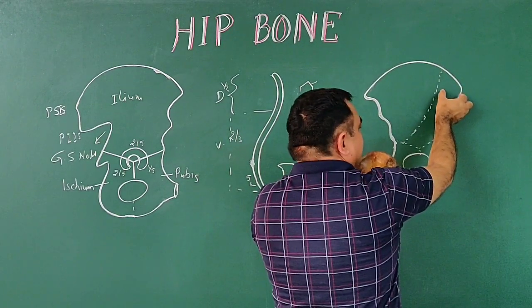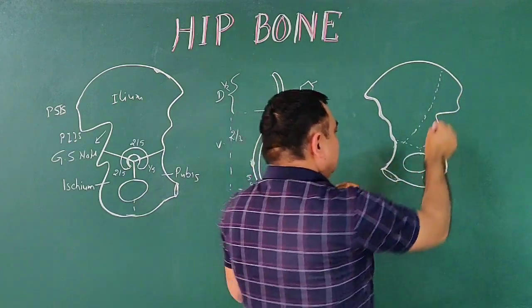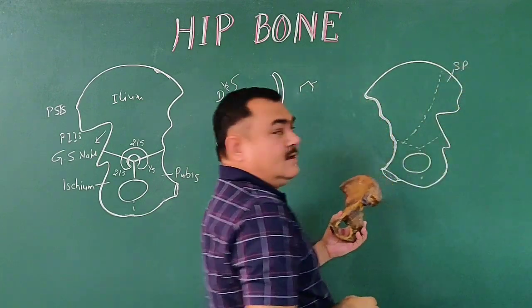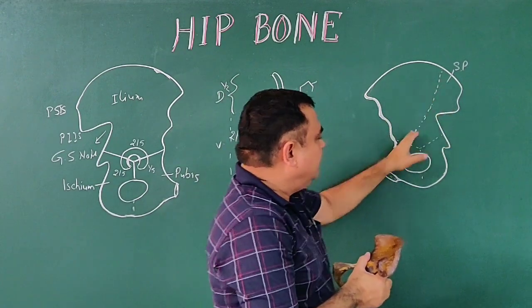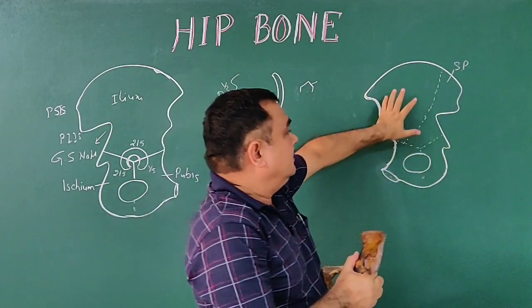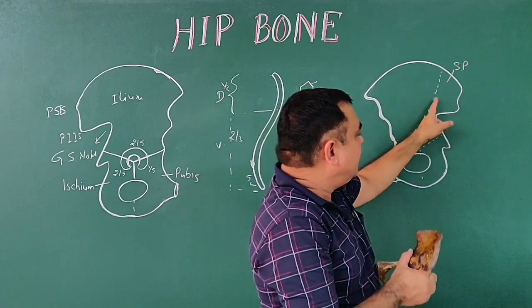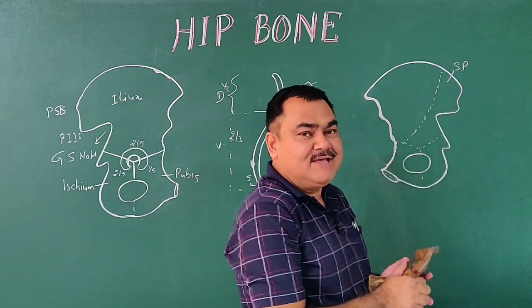Here you can see this is the sacropelvic surface. By three borders, anterior, posterior, and medial, it is divided into three surfaces. The surface between the posterior and medial border is the sacropelvic surface.